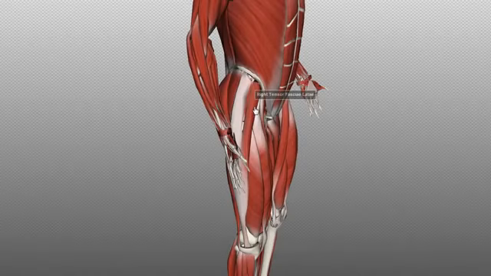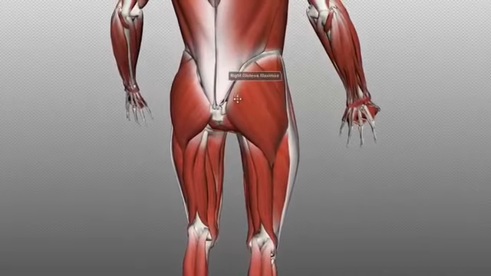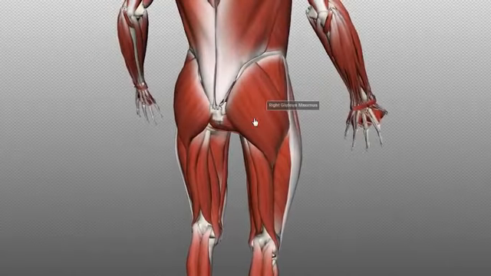So the gluteus medius, minimus and tensor fasciae latae are innervated by the superior gluteal nerve, but the gluteus maximus is innervated by the inferior gluteal nerve. So this is the next muscle I'll come on to. This is the largest muscle of the gluteal region.